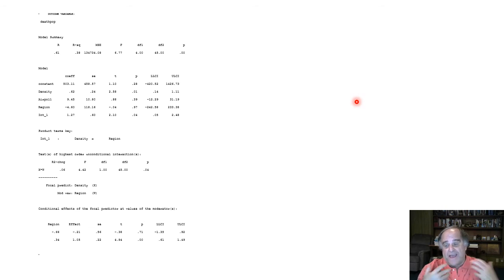At this point, what I just wanted to show you is that you can do other kinds of more complex models. So this was model 8, a model where you have interactions between some moderator, and those interactions can affect any of the paths. In model 8, the interaction is on the C path, or actually the C prime path, the path between the independent variable, which in this case is density, and the dependent variable, which in this case is deaths.